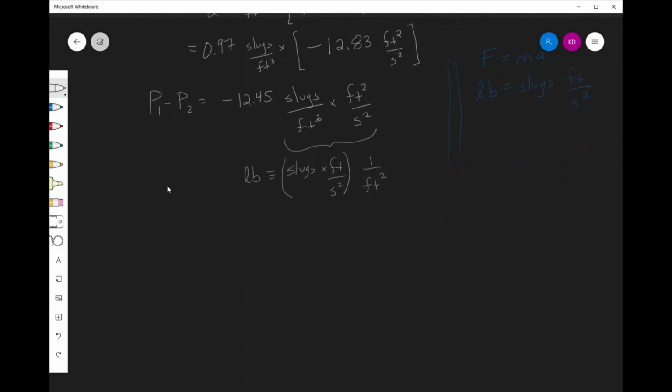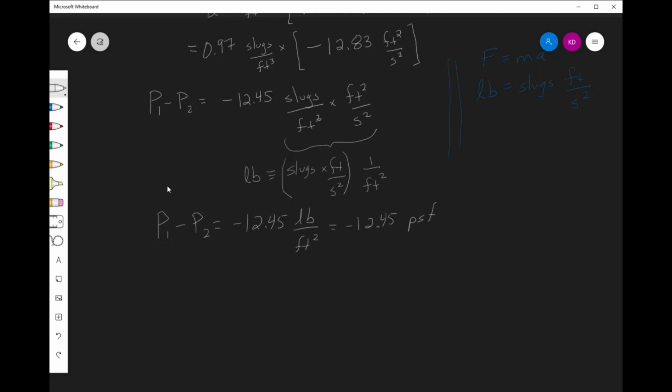So we're left with a pound per foot squared. So we're left with P1 minus P2 equals minus 12.45 pounds per foot squared. This equals minus 12.45 PSF, pounds per square foot. There's nothing fundamentally wrong with those sets of units, but we want to convert this to PSI. The question had it in terms of PSI.